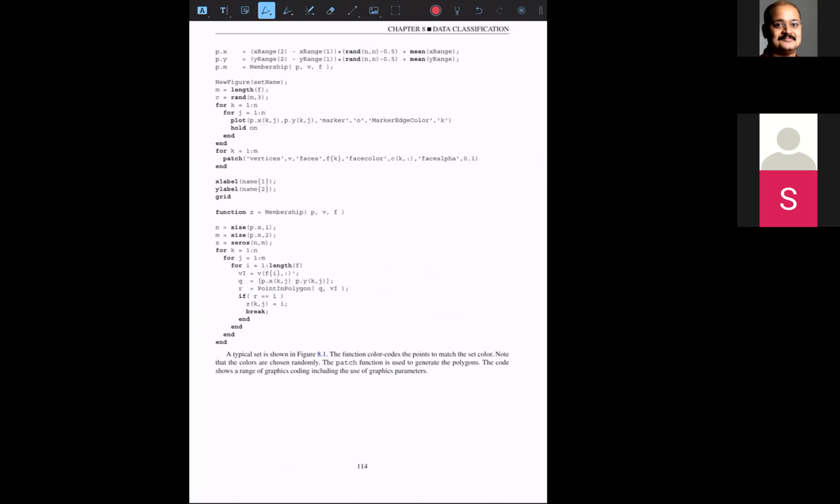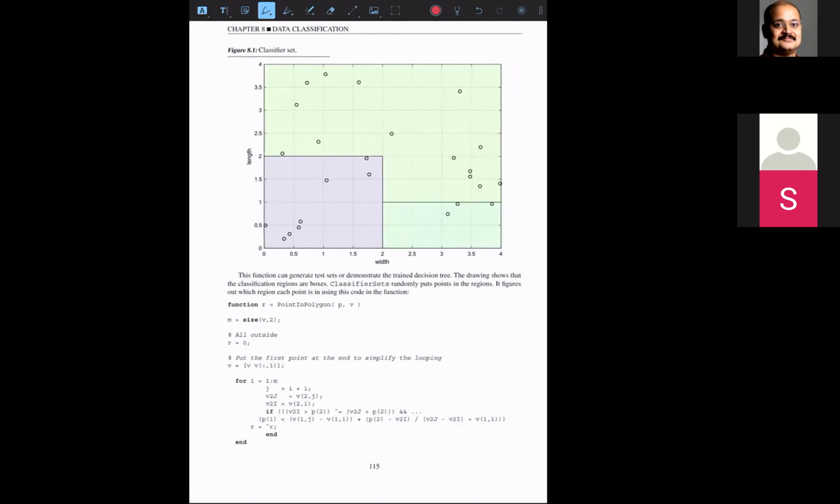Then you will see these are the two different classes shown. Once you run this code, you should be able to see the classification with the boundary.